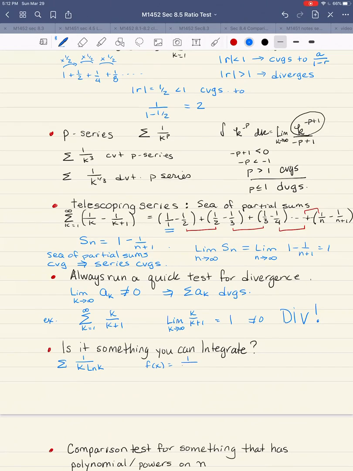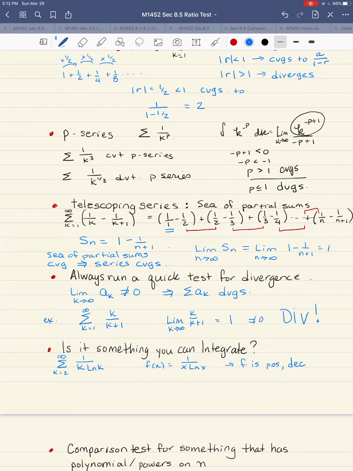Okay, I can integrate this. I can take f of x to be 1 over x ln x. I think this one we have to start k at 2 since the log of 1 is not defined. And then we have to say that f is positive, right? And from 2 to infinity it is positive.